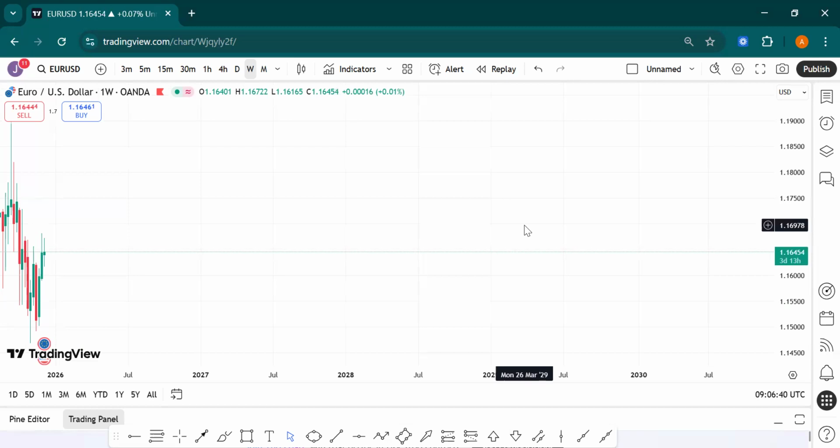That's all they do. So basically, market structure, if I'm to give a simple definition, is the structure of the market on the chart that shows us the relationship between the buyers, the sellers, and the price of the asset we are looking at.